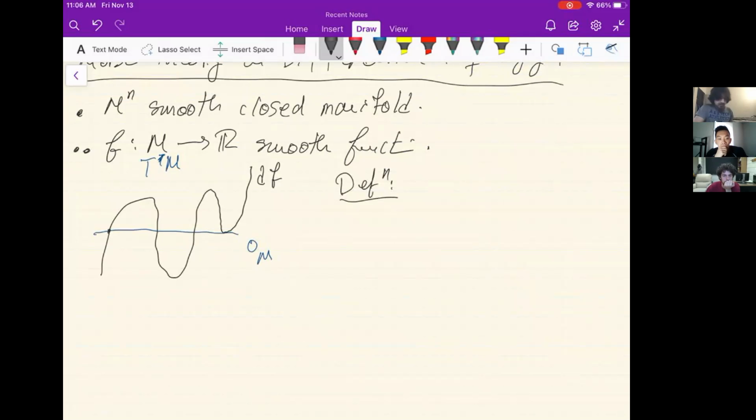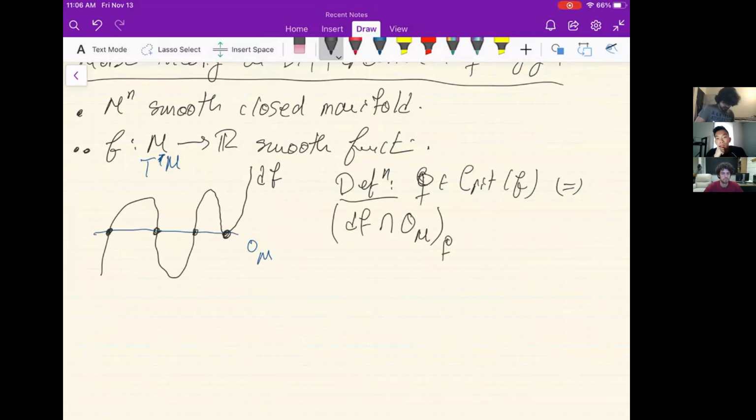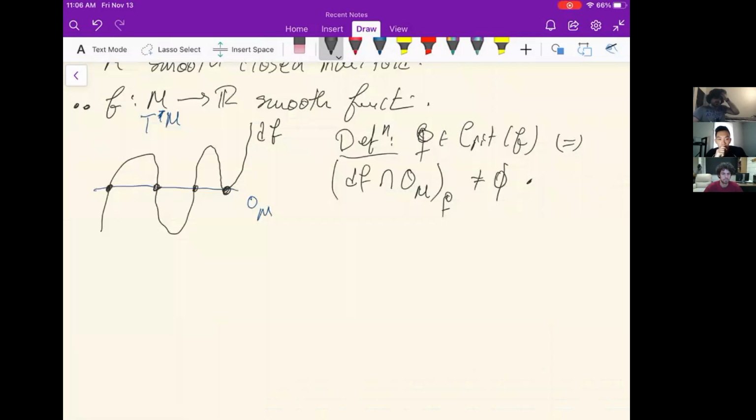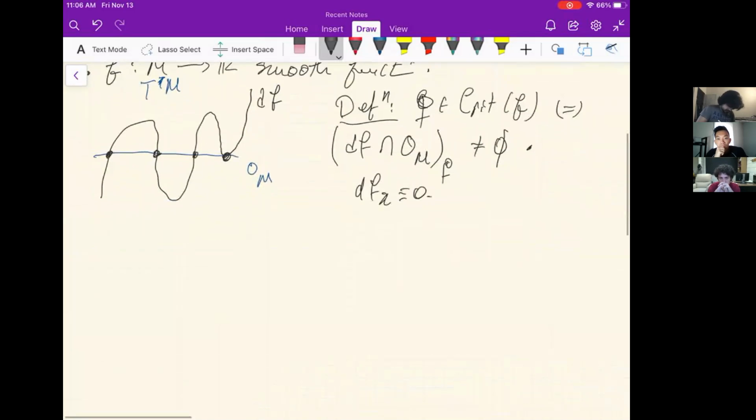Basically, P is a critical point of f, that's basically a point of intersection of the section df with the zero section in the cotangent bundle. So P is a critical point if and only if the intersection of the section of df with the zero section at P is non-empty. This is actually the same as saying that the differential is zero, but that's the graphical description.